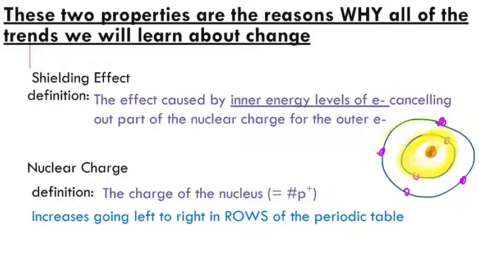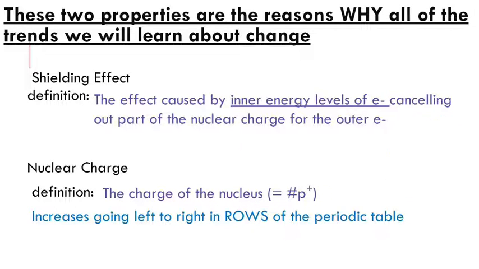But the outer electrons only feel a little bit of that pull because the charge is being used up to pull on those inner electrons, and it's not really getting all the way out to those outer electrons. So that's our shielding effect.